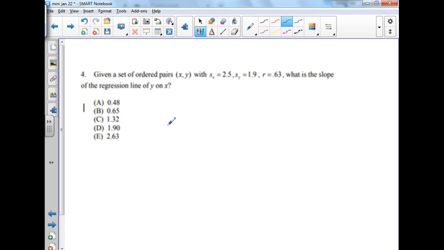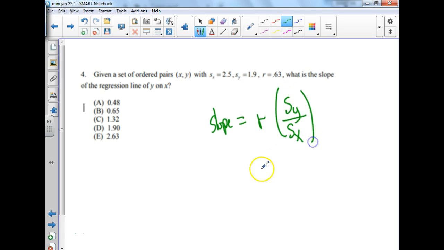Remember that S sub X represents the standard deviation of your x values, and S sub Y represents the standard deviation of your y values. The formula on your AP formula sheet tells us that the slope is equal to r times S sub Y over S sub X.